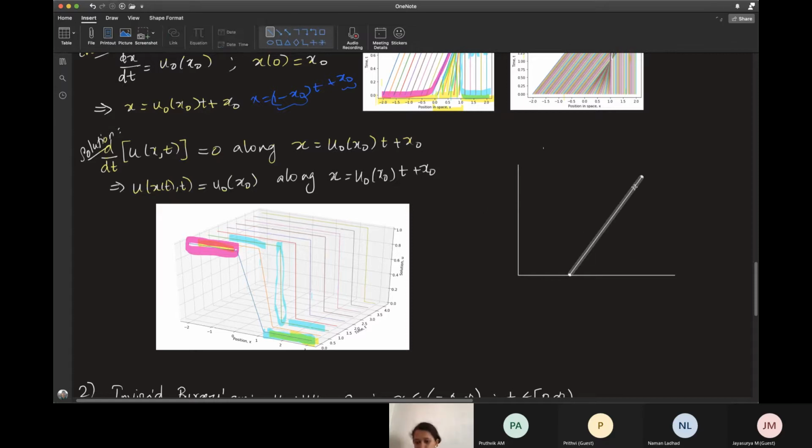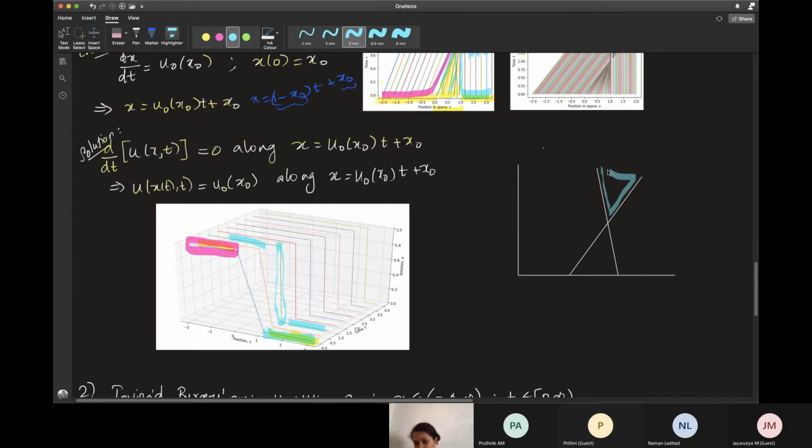So now, in this region you will have multiple characteristics passing through at a point.